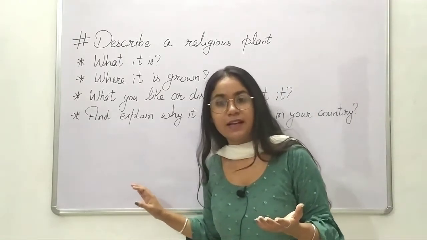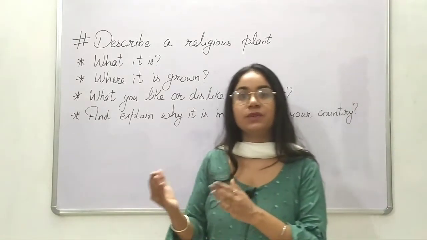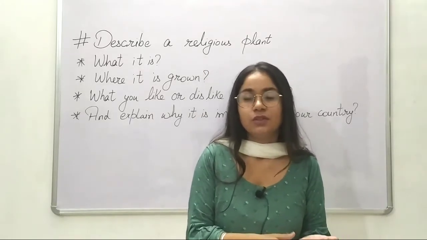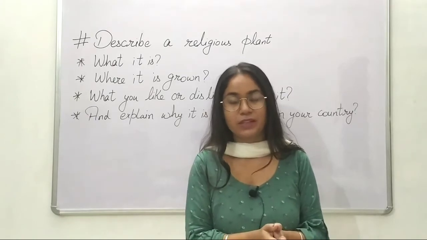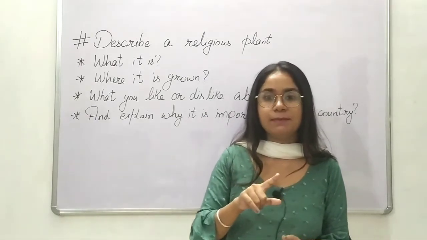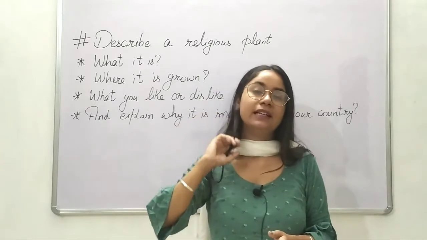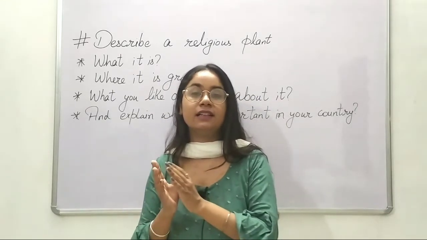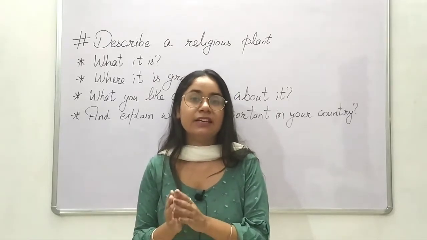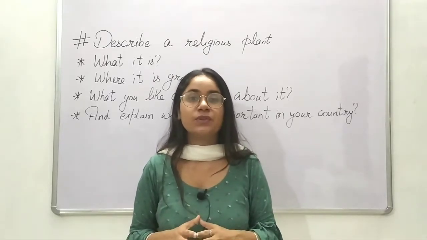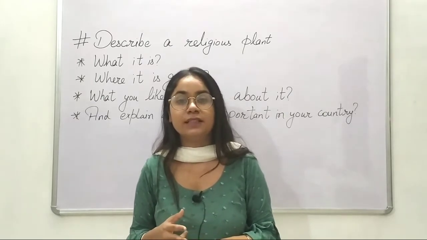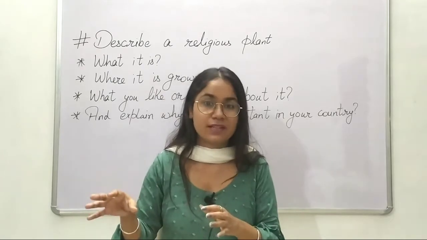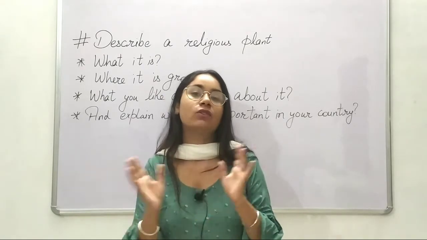Another example is the banana plant, whose leaves are used in worship, and its fruit is also offered to gods and goddesses. About the neem I had mentioned, you can also add that there is a saying in the Indian community that neem leaves keep evil spirits away. That's why on the occasions of birth and marriage, neem leaves are hung at the entrance of the house so that evil spirits cannot enter.